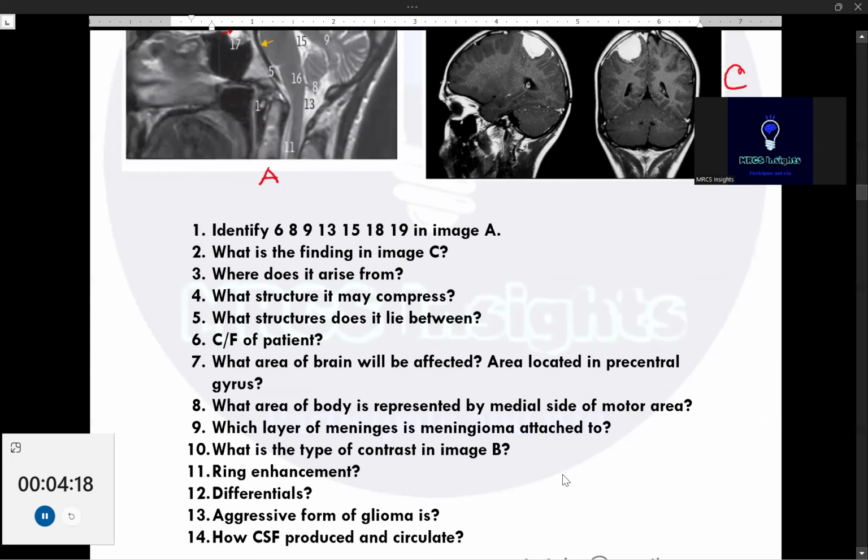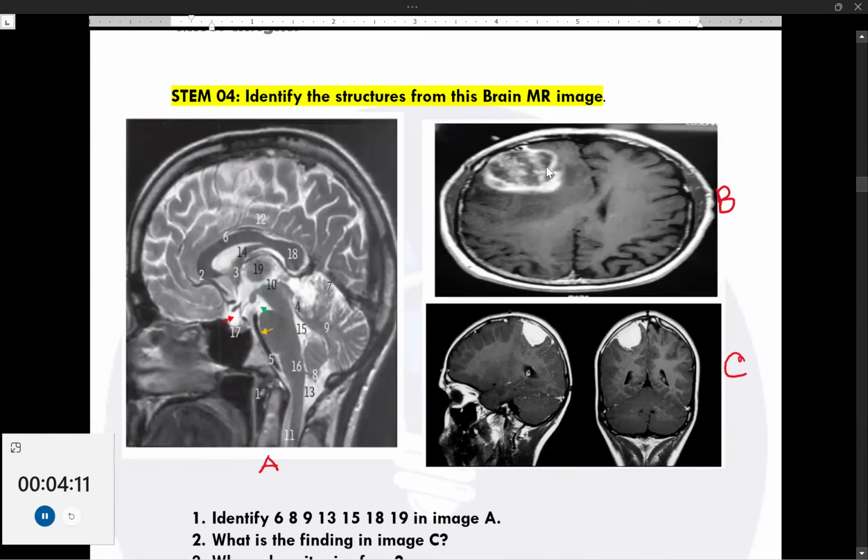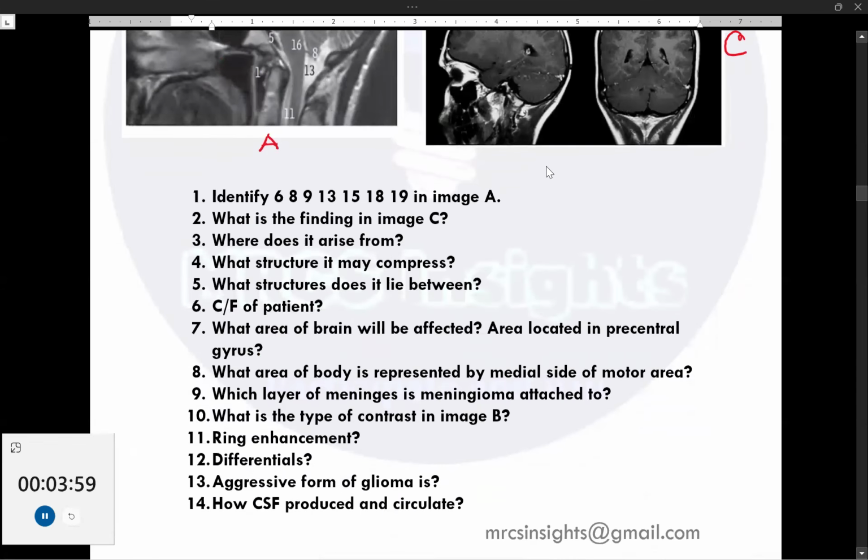Excellent. Now tell me what you can see in image B. I can see a ring enhancing lesion. Why does this ring enhancement occur? Basically, it is an area surrounded by a bright rim from concentration of the enhancing contrast dye.